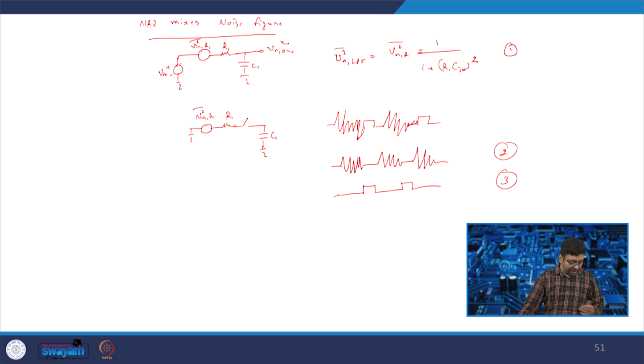So if we try to write down each noise, we will get Vn1 square.